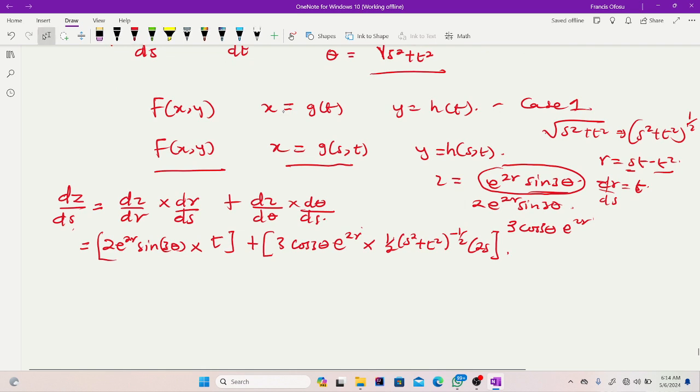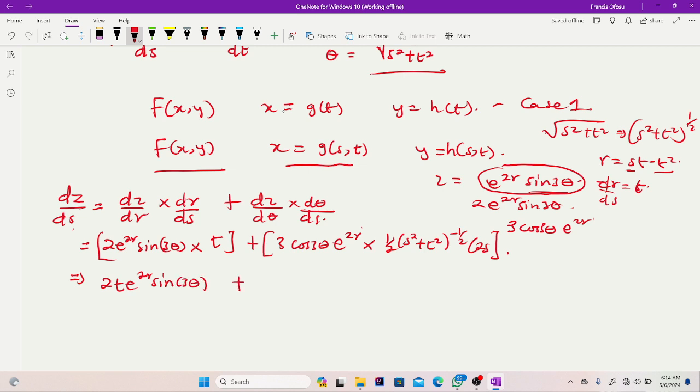So at this point, we need to further simplify our derivatives. So here I'm going to get 2t e to the power 2r sine 3 theta plus, when I come here, I'll get 3 cos 3 theta e to the power 2r multiplied by, so these two here will cancel the two here.